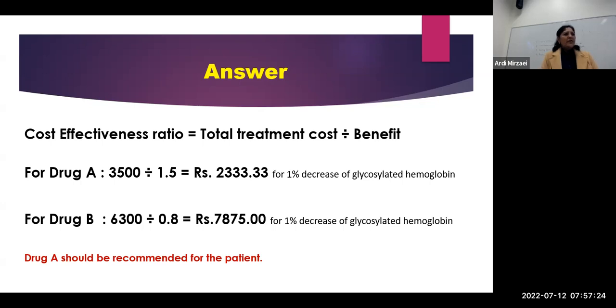And there are a number of medications for a disease. For hypertension, there are so many, 10 medications are there. Which one should the patients take? Which one should the hospital have in the formulary? So these become very, very important, especially in our country, where the patients are not able to afford the medications.